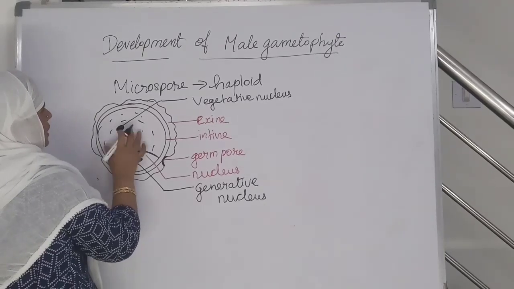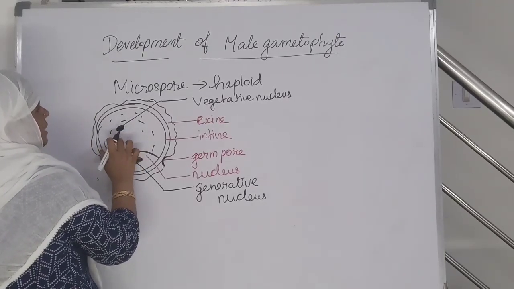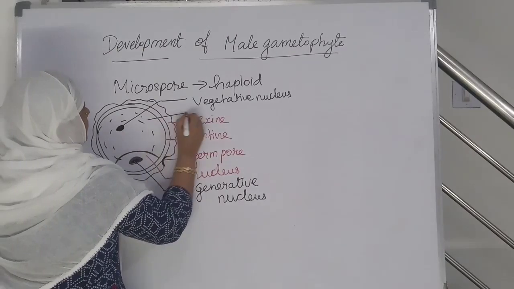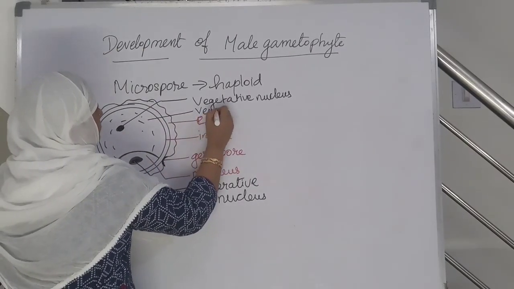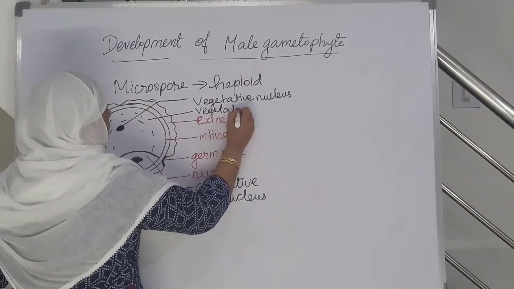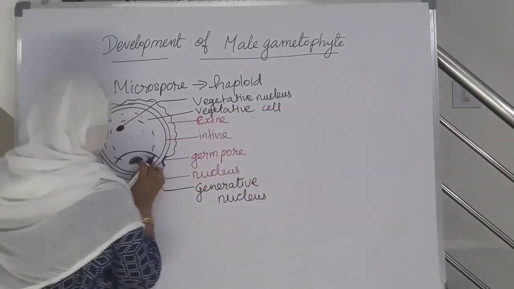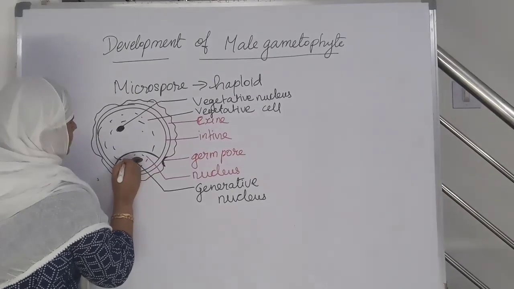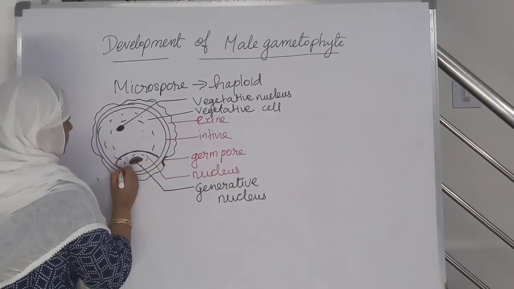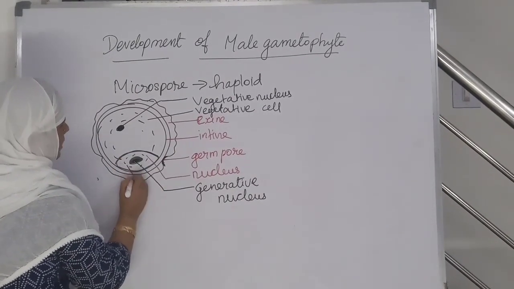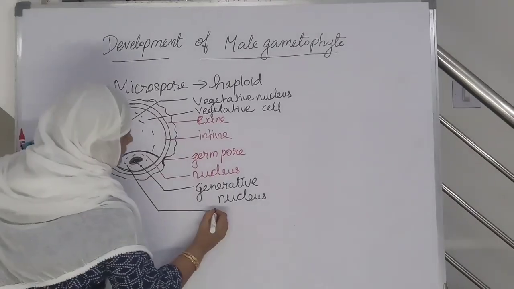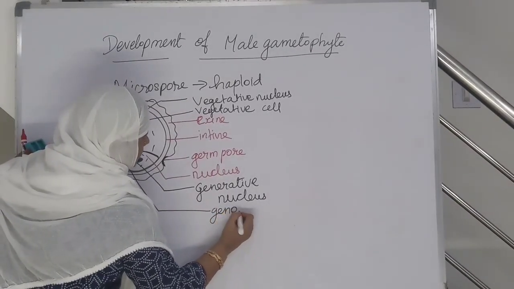One is the bigger cell, called the vegetative cell, and the smaller cell, this one, is called the generative cell.